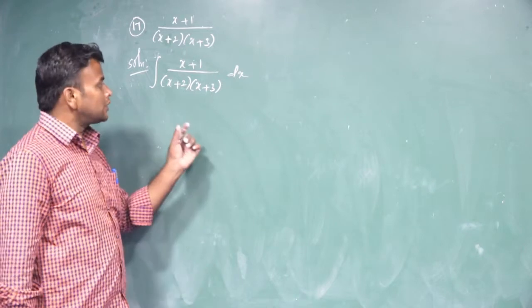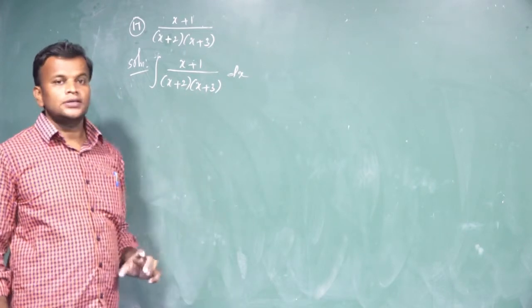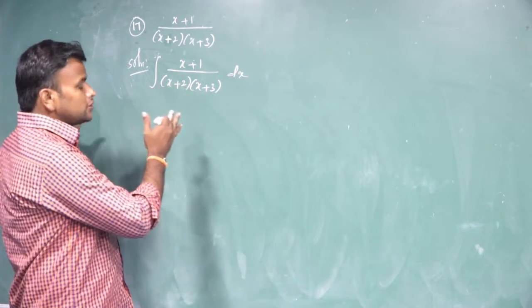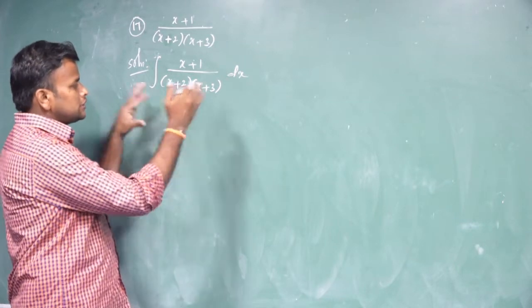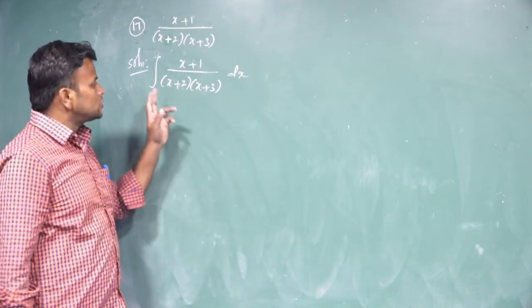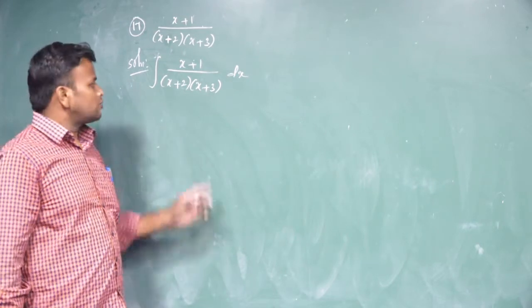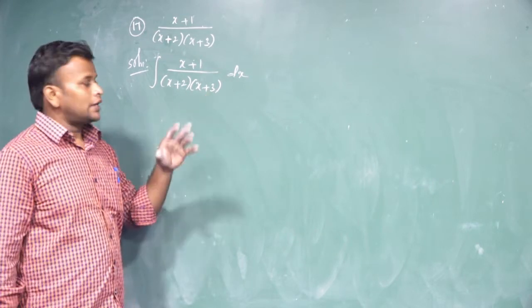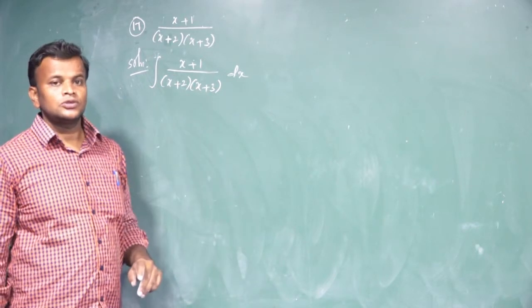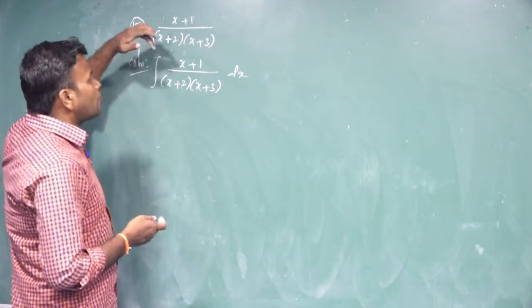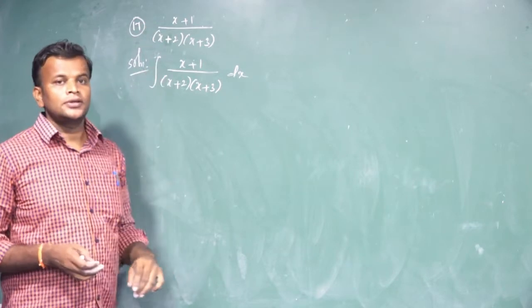You see the denominator is a product of 2 factors. Okay, so we can't split it. Suppose there was plus or minus, there is a chance to split. But it is a product of 2 factors. Suppose we multiply inside, there is some quadratic factor. So there is no direct formula in this integration.